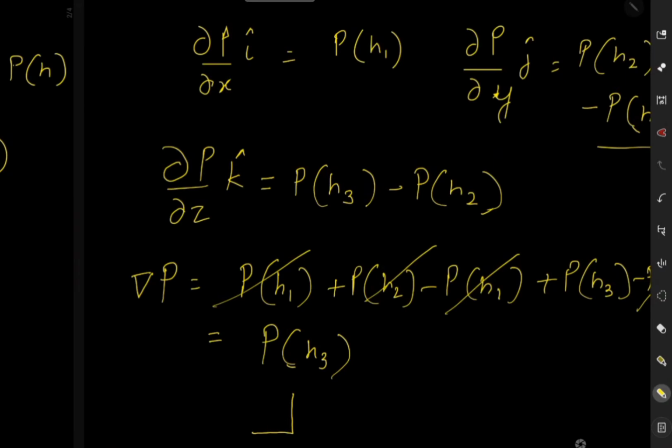Okay, if we move, let's say, in some particular direction R, how will we find the gradient? We will break this R into its constituents: Rx vector plus Ry vector.